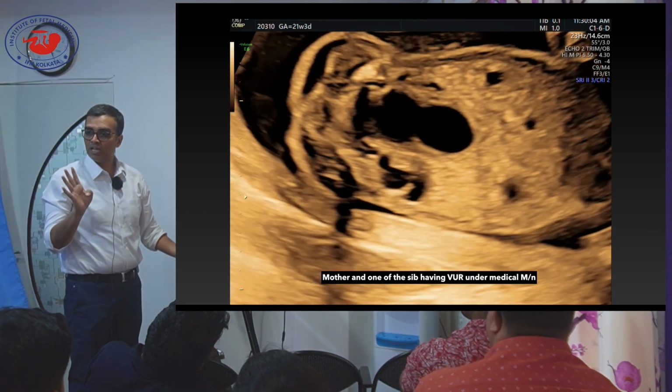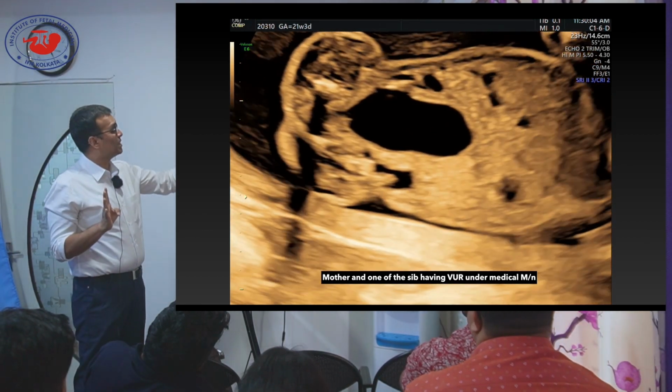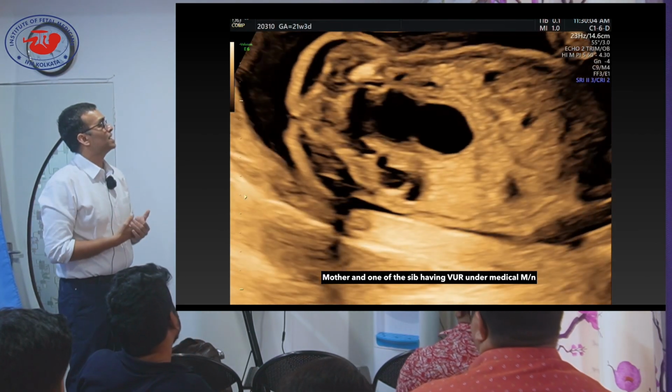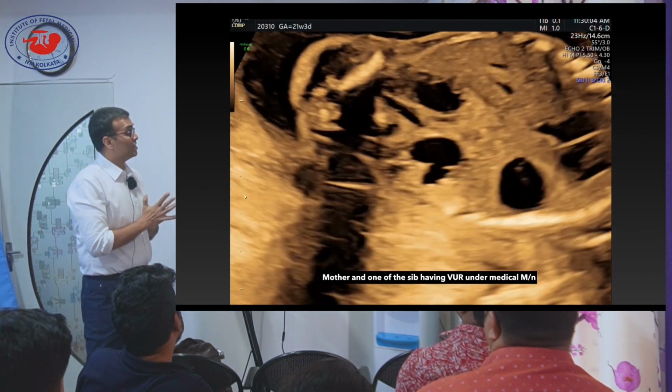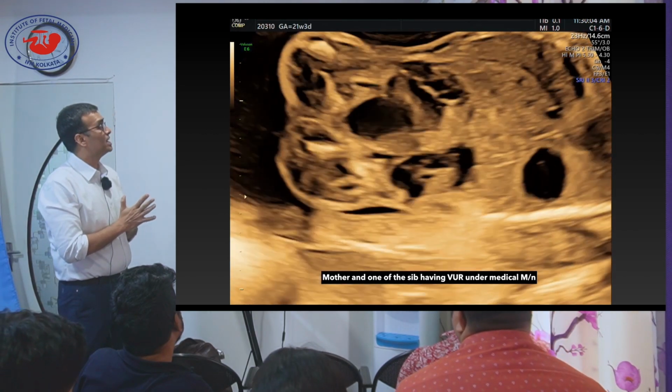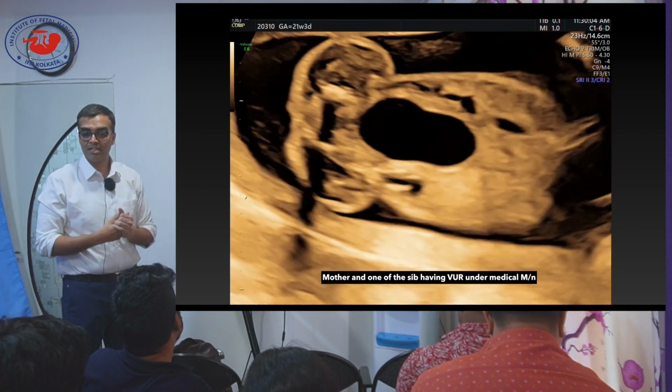And now in this pregnancy also I am seeing this dilated ureter with collecting system. So if you are aware of the familial predilection, then you can correlate.